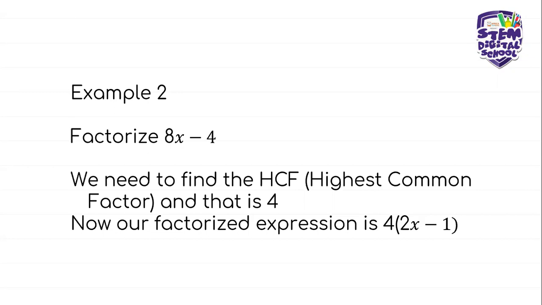Remember, if you take out 4 here in 8x, you'll be left with 2x, because 2x times 4 gives you 8x. And then in term 2, you'll just be left with 1, because 1 times 4 is 4.